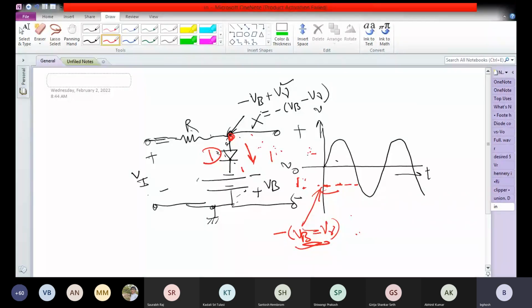And if the diode D turns off, then again there is no current through R and V0 becomes equal to Vi. So for voltages lower than minus Vb minus V gamma, the output voltage will follow the input.